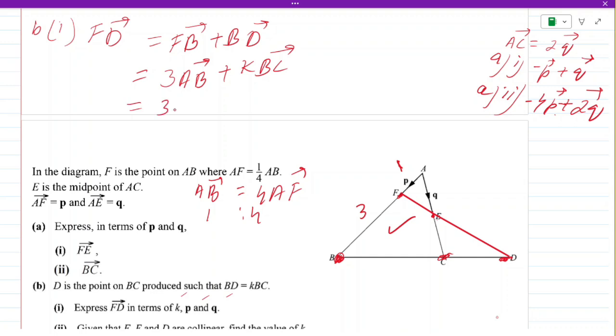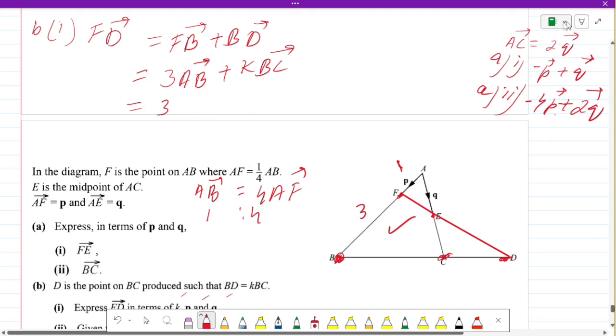Now 3 times AB. Here you can observe that AB is equal to 4 times AF. Actually, there is a mistake.